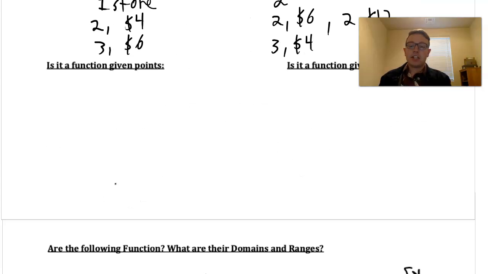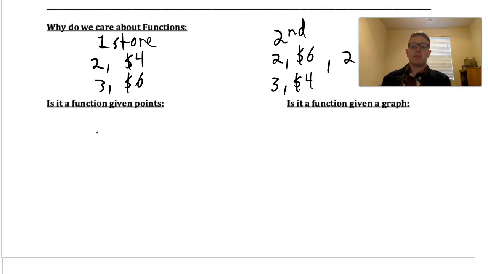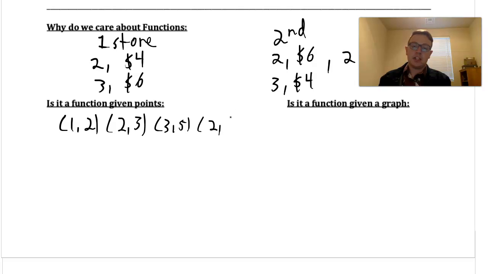So, how do we check if it's a function given points? So if we have a couple points like (1, 2), (2, 3), (3, 5), and (2, 6), what we need to do is look for x values that are repeated that go to different y values. So we have 2 in here twice, and it goes to 2 different y values.